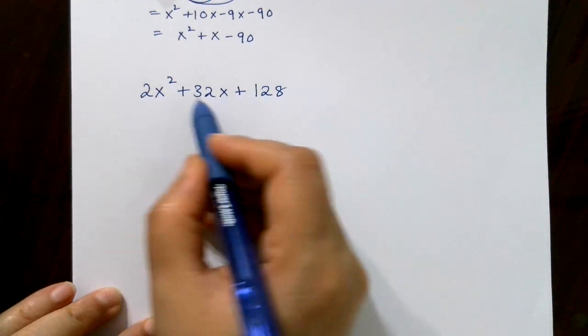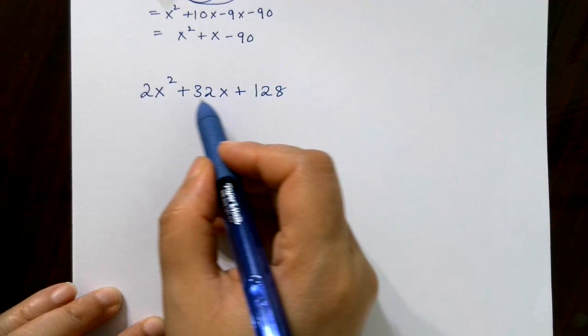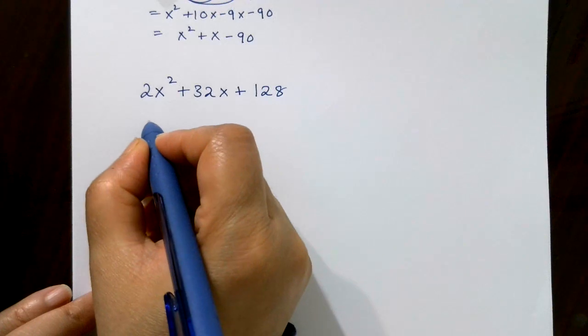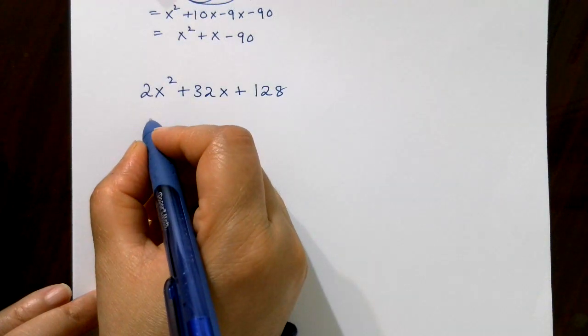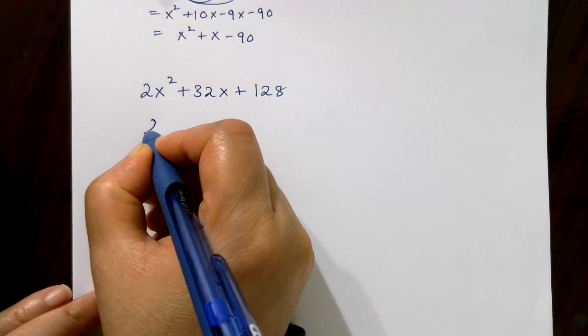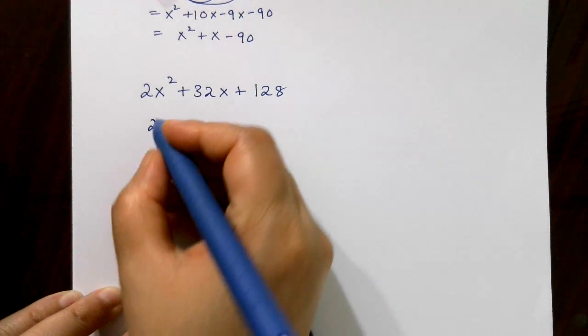But if you look at the numbers 2, 32, and 128, they are all multiples of 2. So the first thing that you need to do while you are factoring is take out the common factor outside the parentheses. So in this case, the greatest common factor is 2.